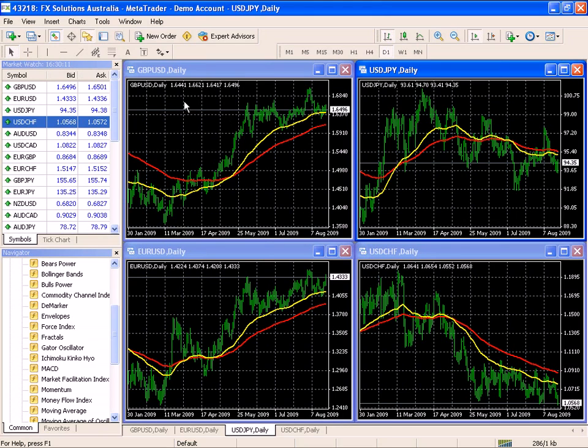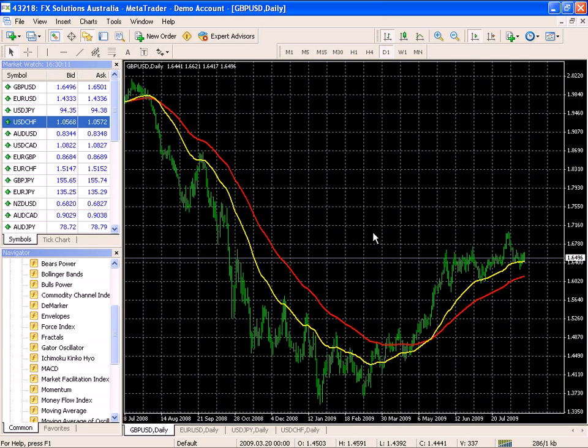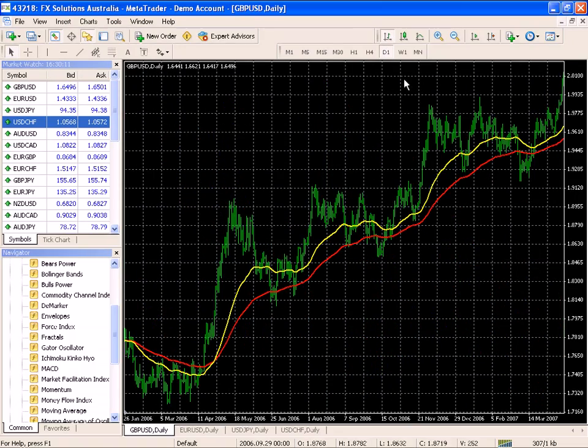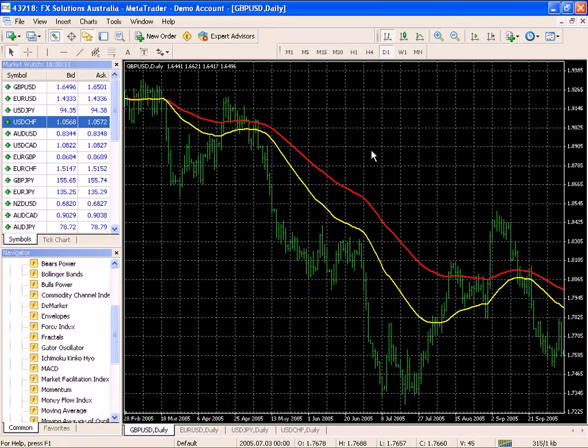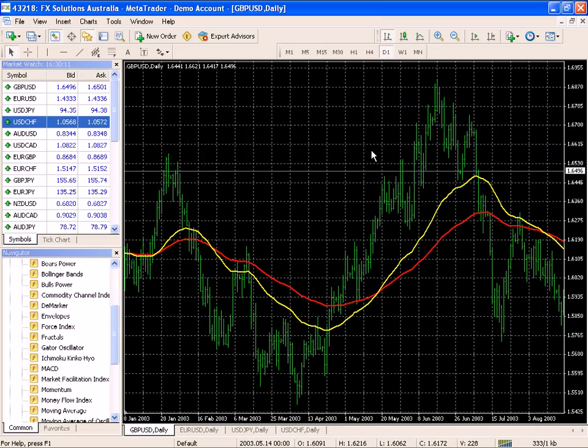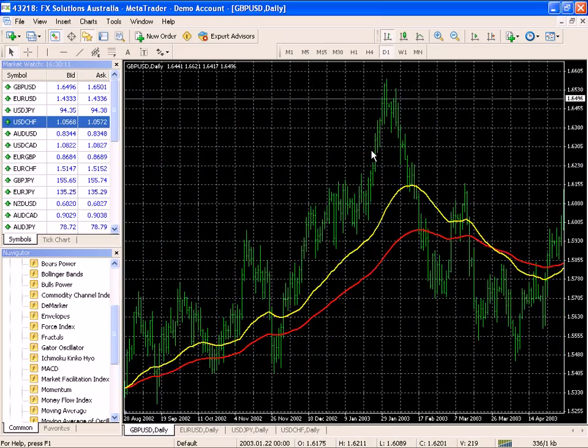Okay, let's expand the pound USD. Take the auto scroll off. I don't think we're going to get any ticks right now, but still. Let's go in just a little bit closer. Okay, I am using the arrow key and running it back in time.